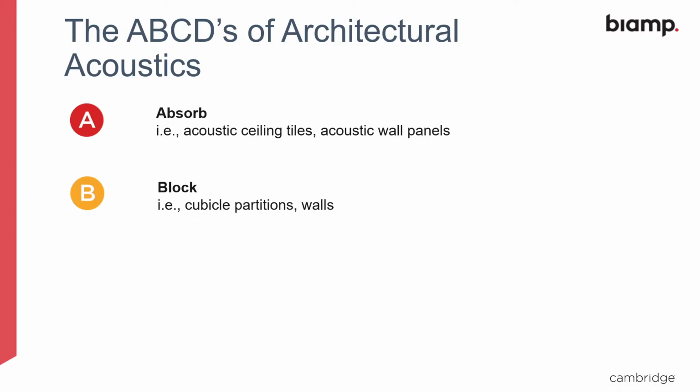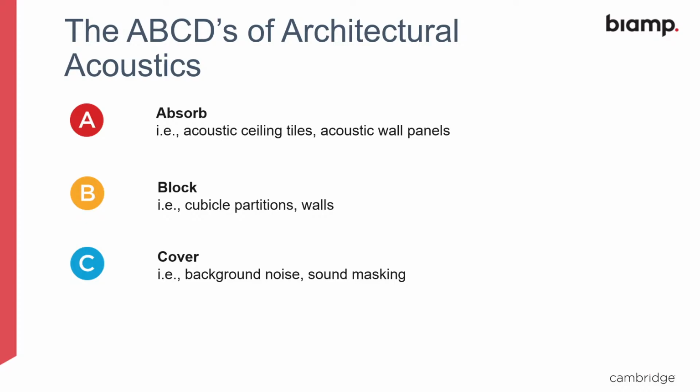The last way is C, and that's to cover the noise. And that's the sound masking system itself. So C is this actual sound masking system that fits into the ABCDs. With cover, you basically mask the background noise.